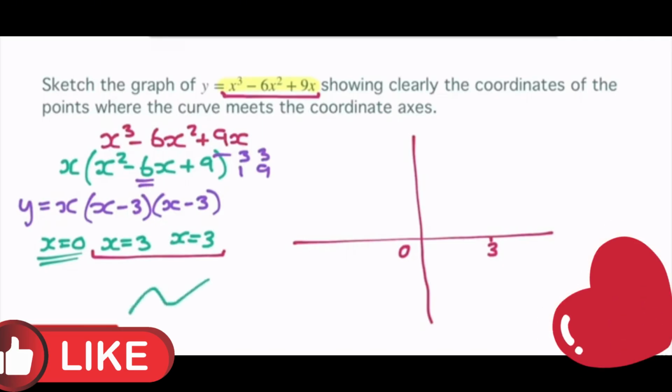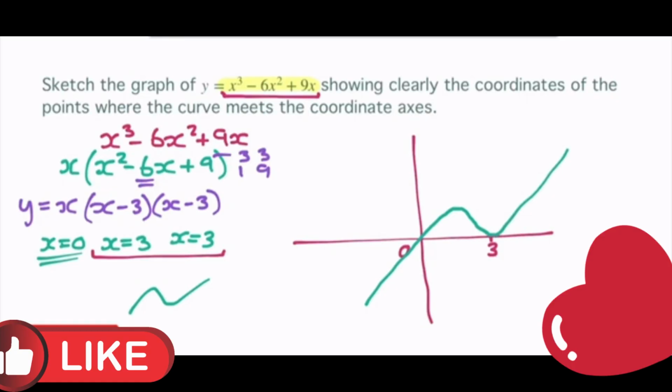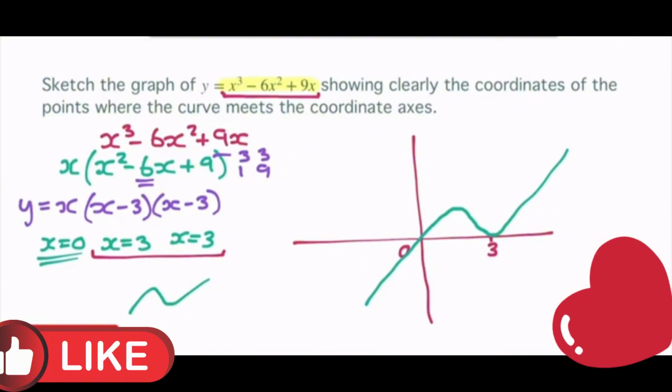And it's going to go up through the origin, down, just touching at 3, and then sloping back up again. Right, there we go. So the y-intercept is 0, and obviously those two solutions on 3, so just touching on the 3 point there.